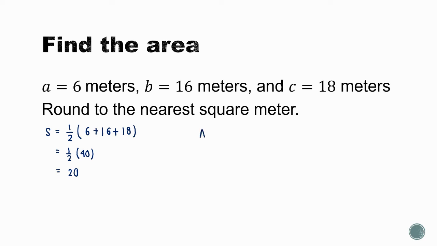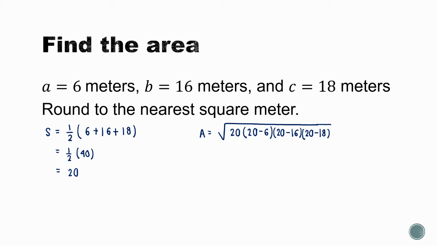So then to find our area, once again, under the square root, we want to do 20 times, then in parentheses, I want to take that 20 and subtract one of the sides, so 6. I want to multiply that by 20 minus another side, so 16. And then I want to multiply that by 20 minus the third side of 18.